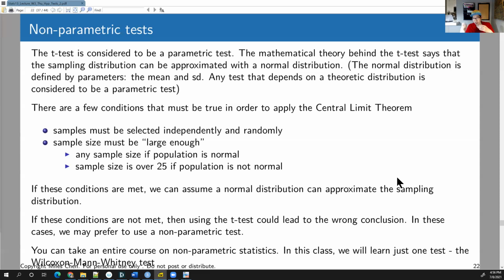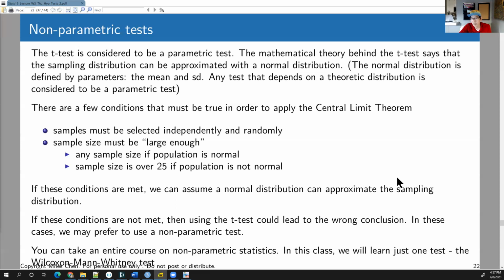And if you think about the normal distribution, you have the parameters, the mean and the standard deviation. Any kind of test that depends on this theoretic distribution that has these kinds of parameters is what we call a parametric test. So later on, we'll learn more parametric tests like the chi-squared test and ANOVA.